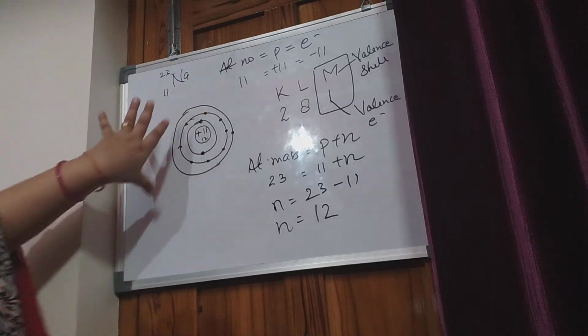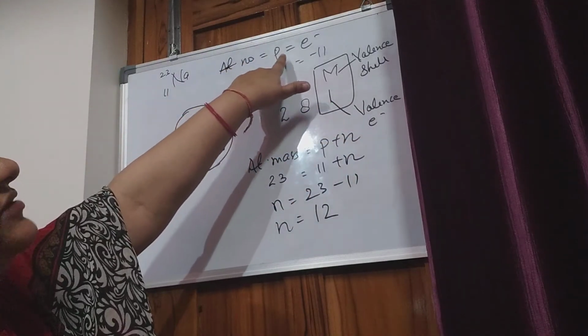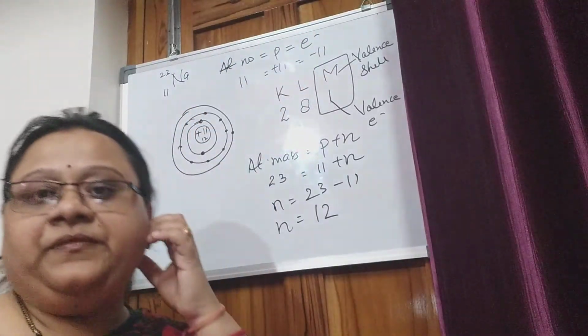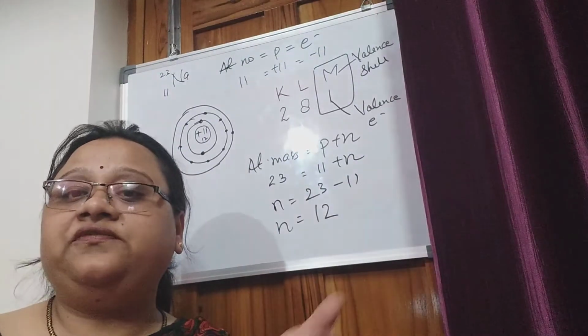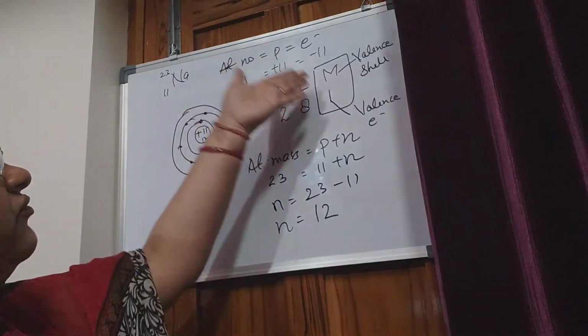So this is how we can do the electronic configuration. If we know the atomic number, the number of protons will be the same and the number of electrons also will be the same. And electronic configuration is the arrangement of electrons in different energy shells and energy levels. So this is how we'll do the electronic configuration.